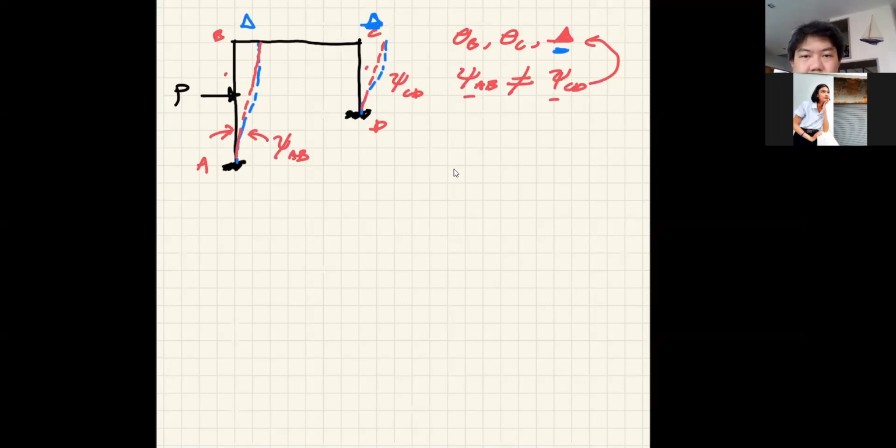If you don't, you will run into problems. So psi AB is equal to delta over the length of member AB, and the psi of member CD is of course delta again, but over the length of member CD.